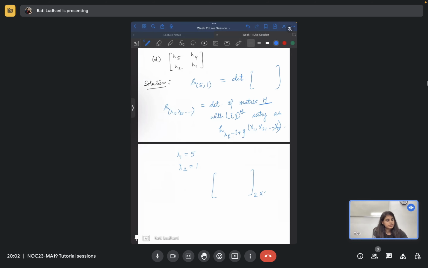Now what is the entry? For λ_i, we first need to find the entry (1,1). λ1 is 5.